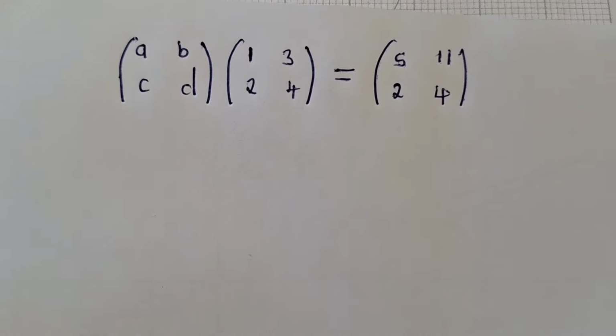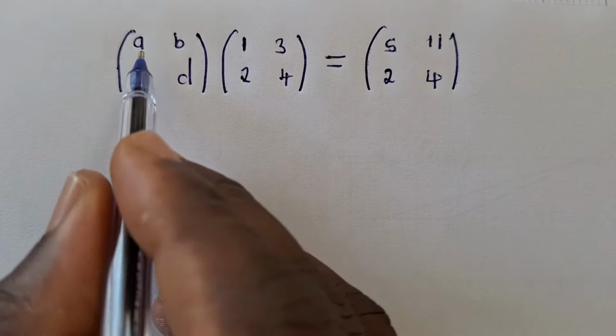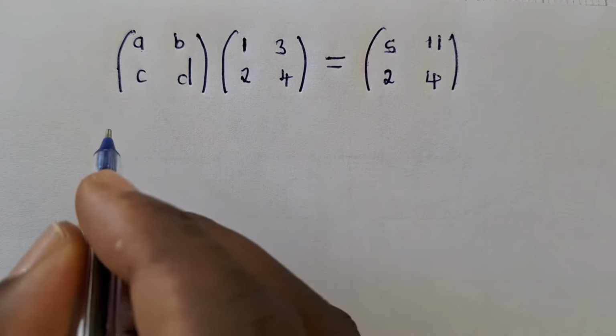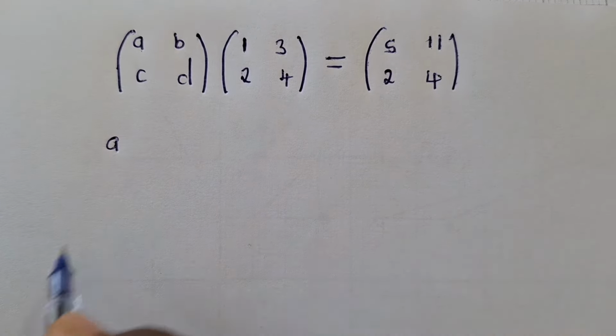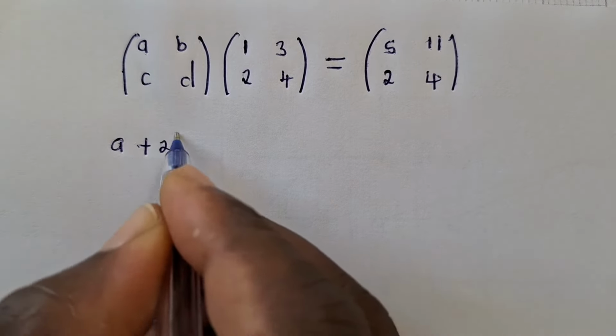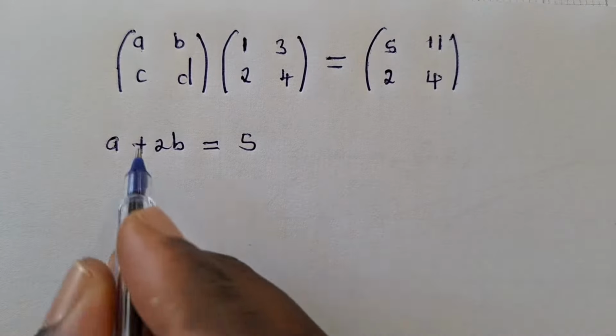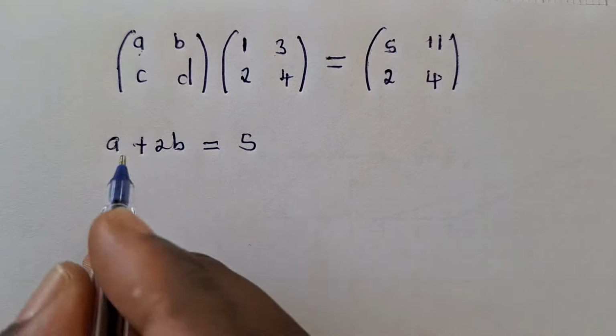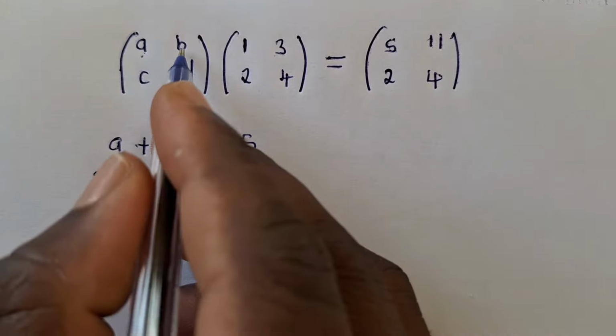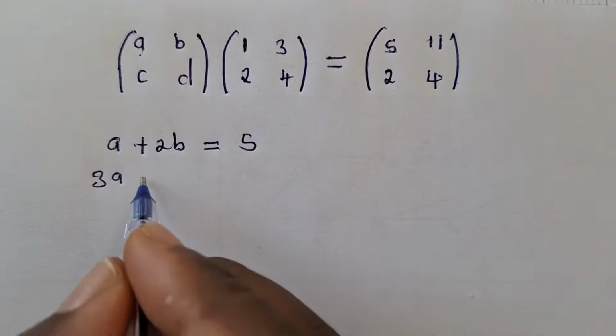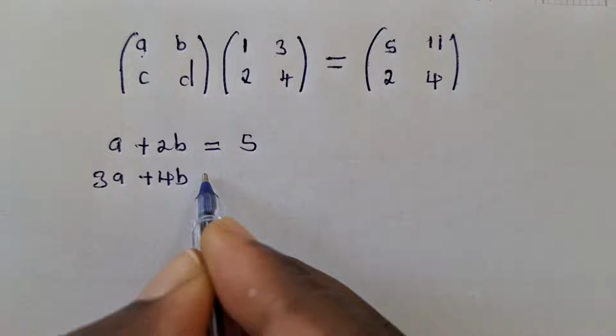So in solving this, you're going to say A times 1, that is A, B times 2, that's 2B, is equal to 5 here. Okay? Then you come to the same A times 3, that is 3A, B times 4, that is 4B.